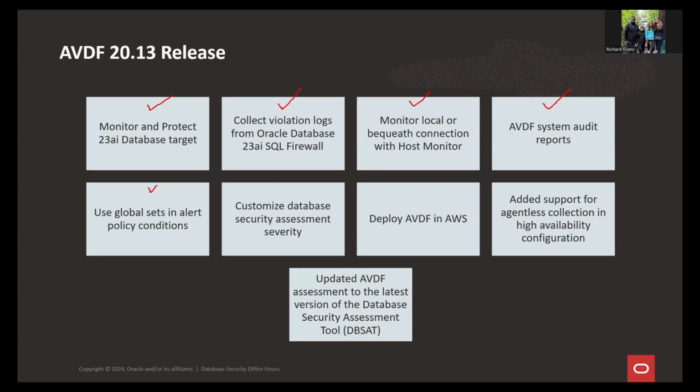That's something we have introduced, and we brought a whole new section for AVDF system audit reports, where you can evaluate database audit reports, operating system audit reports, as well as application-level reports. We are calling them AVDF application audit reports. So you can even monitor that. I'll show you a couple of screenshots. If you are using AVDF, I think you'll be excited to see that.